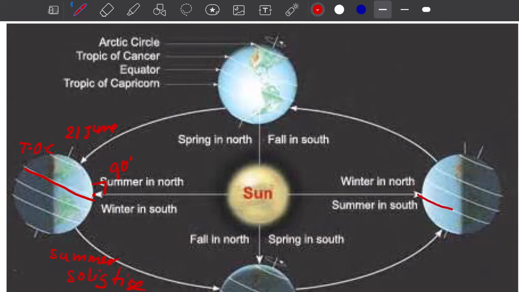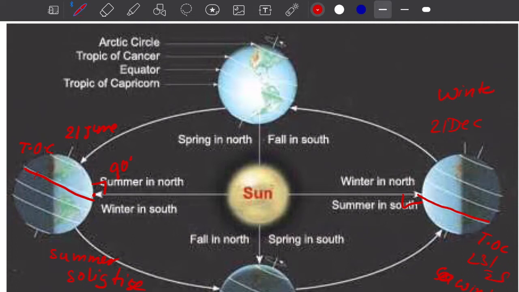While when sunlight is incident on the Tropic of Capricorn, that is 23.5 south, at a 90-degree angle, then the position is called winter solstice. Why summer and winter solstice? Because in the northern hemisphere we have summer, so summer solstice. In the northern hemisphere on 21st of December we have winter, so we consider winter solstice.